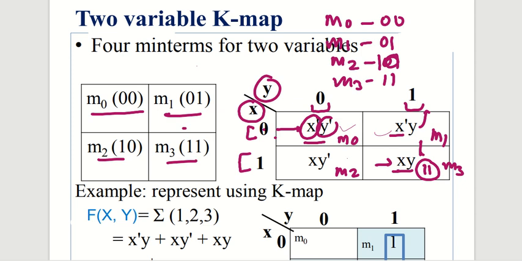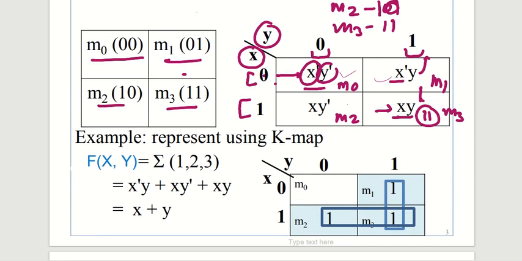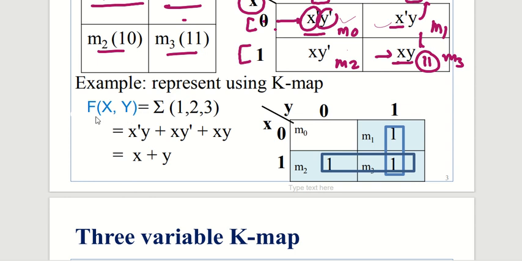Suppose we take one single example for a two-variable K-map. If the given function is f of x comma y, it is representing that there are two variables in this function. So if the number of variables is 2, we have to design a K-map with 2 power 2 equals 4 squares. So here we have 4 different boxes.